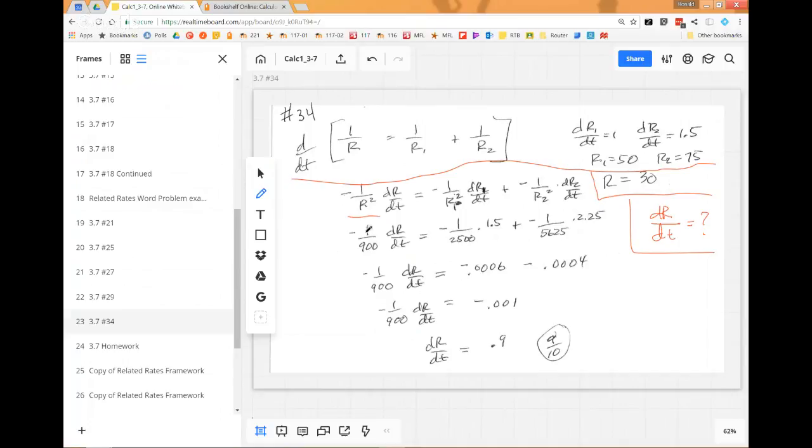All right, so on the right side, just substitute again. What's R1? R1 is 50. R1 squared is 2,500. We do know dr1 dt, and that is... I'm sorry, dr2.